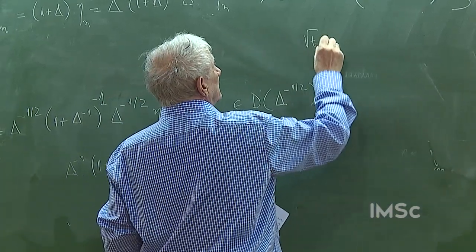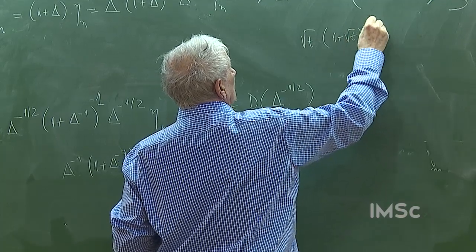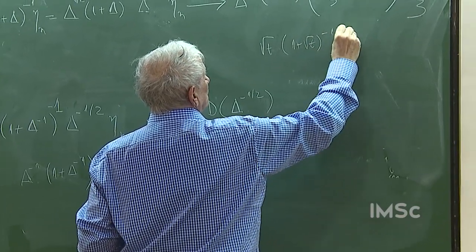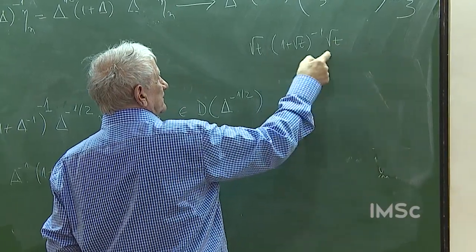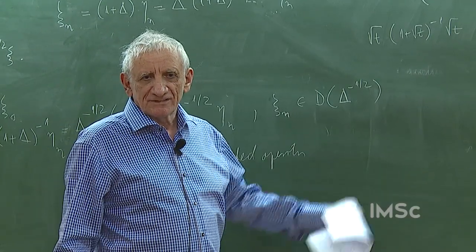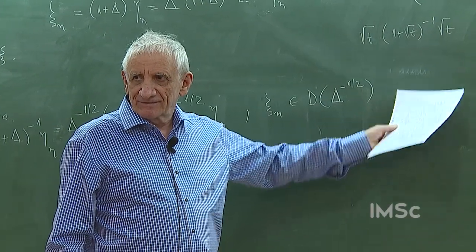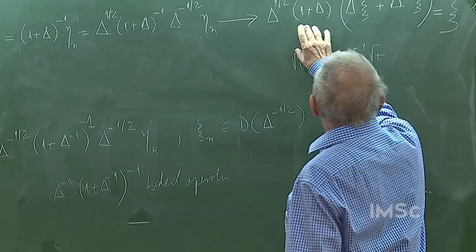Root of t, 1 plus root of t minus 1, root of t, plus the same thing without the roots, will give exactly 1. Let me do it completely.